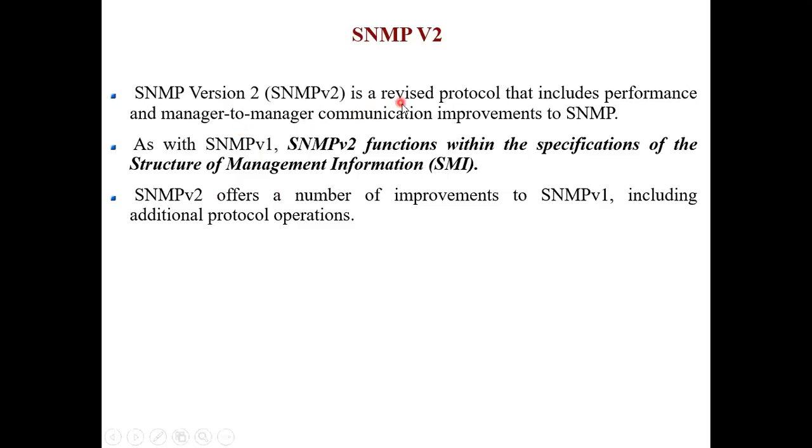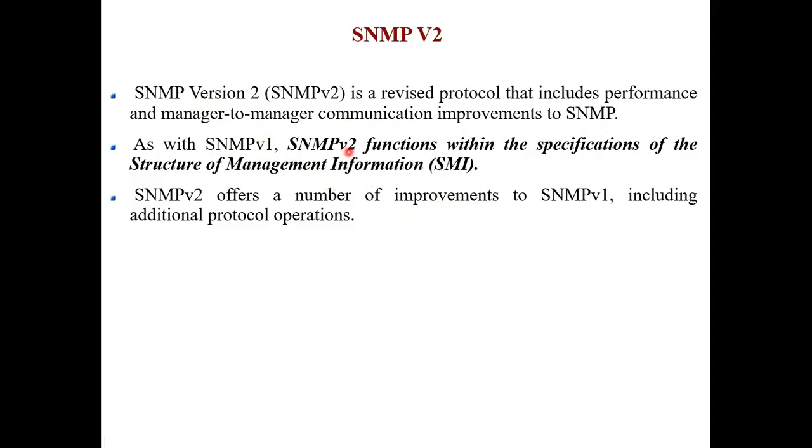SNMP version 2 is a revised protocol that includes performance and manager to manager communication improvement. So performance improvement is there, and manager to manager communication, which was missing in SNMP version 1. As with SNMP version 1, SNMP version 2 functions within the specification of SMI. Why I have highlighted this sentence: we had SMI and MIB 2 in version 1.